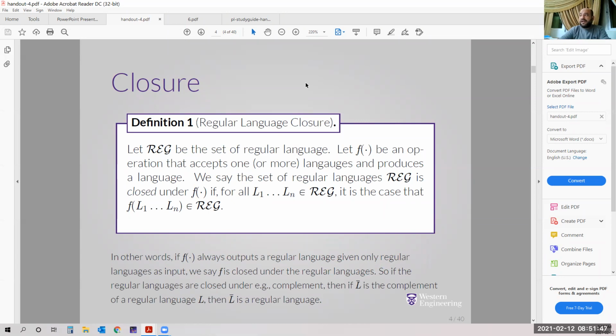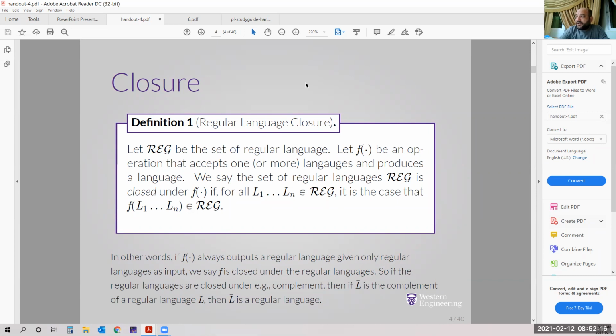Okay, regular languages closure. We talked about regular languages yesterday, and today we will continue. Let REG be the set of regular languages. In my class notes, sometimes we write regular, sometimes R; the names are free for you to use whatever you want. Let F(·) be an operation that accepts one or more languages and produces a language.